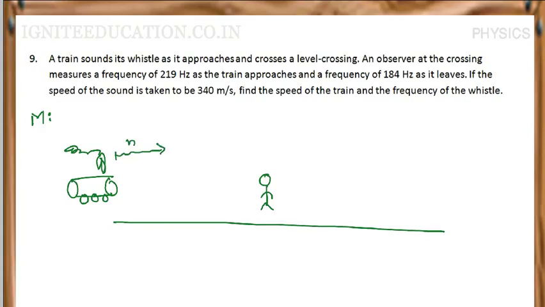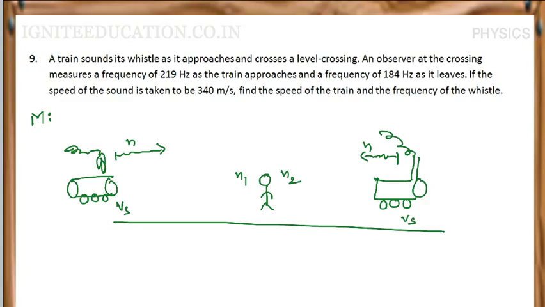The train is moving with velocity vs, and the observer standing at the level crossing hears a frequency of n1. After that the train crosses him and moves away, and still it is whistling. So its wave frequency is n only, but the observer will hear a frequency n2. Still the train is moving with the velocity vs.